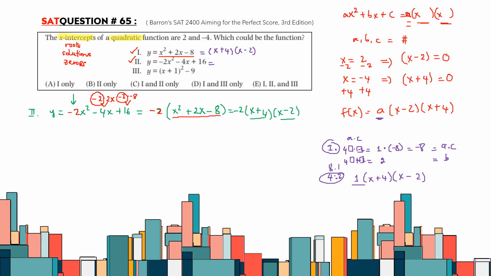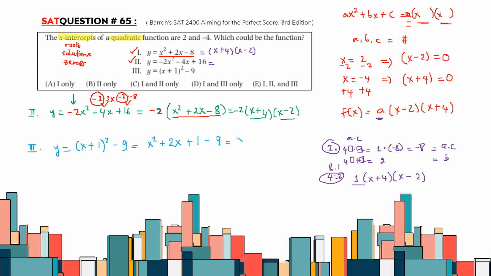Now working on number 3: y equals x plus 1, all squared, minus 9. Here we have to open the parentheses and simplify the expression. x plus 1 all squared is x squared plus 2x plus 1, then minus 9.